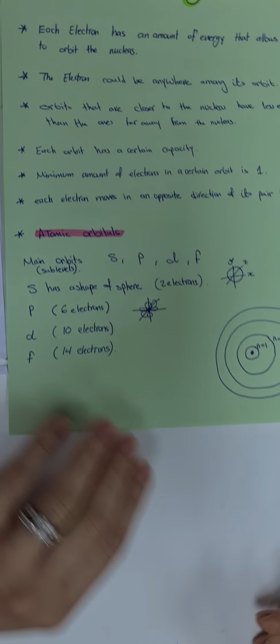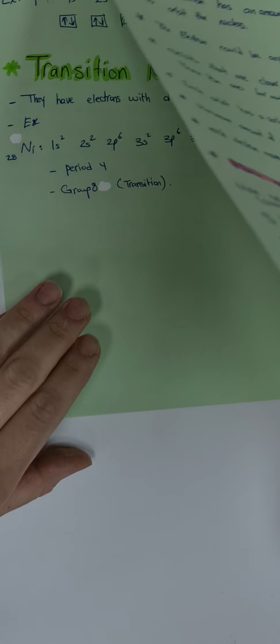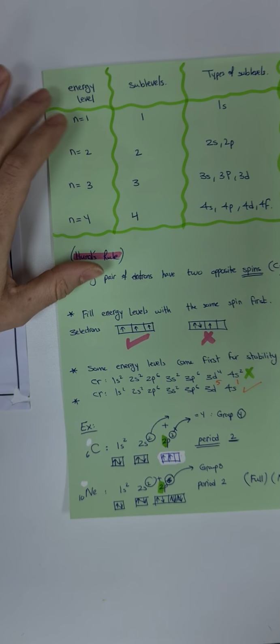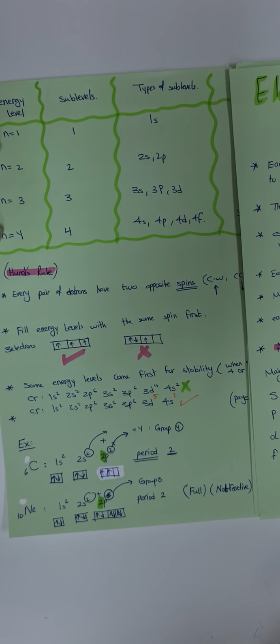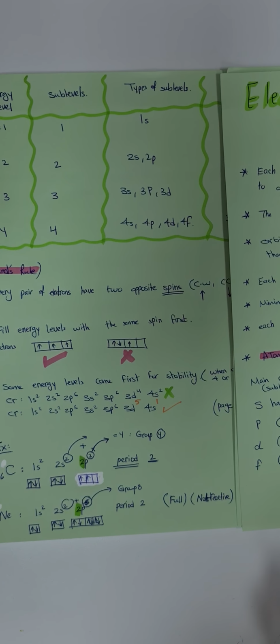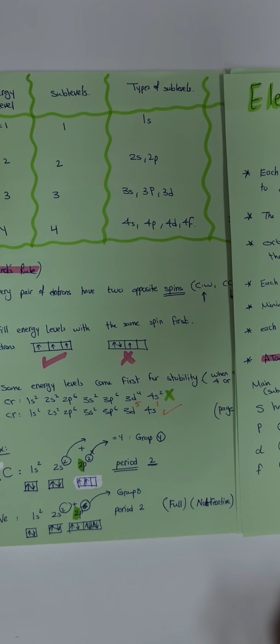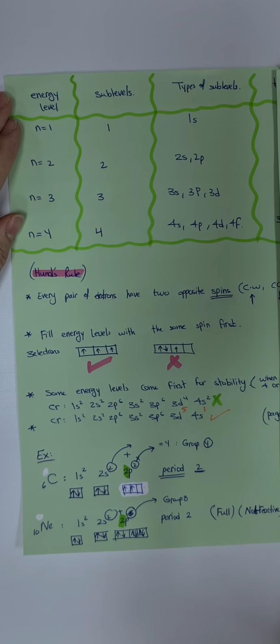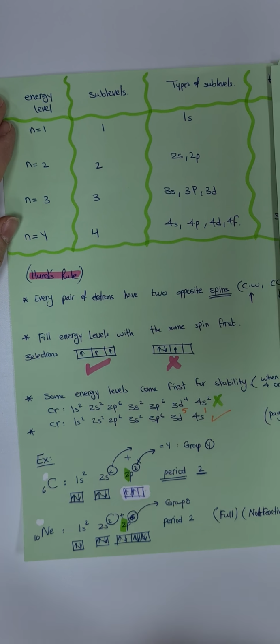Now, when we talk about atomic orbits, we have some energy levels. The energy levels are actually 7, but for you, I will mention only 4. We have energy level 1, which is close to the nucleus, then 2, 3, and 4.